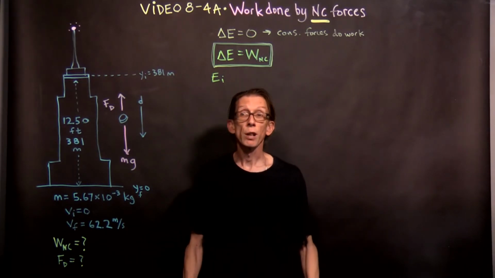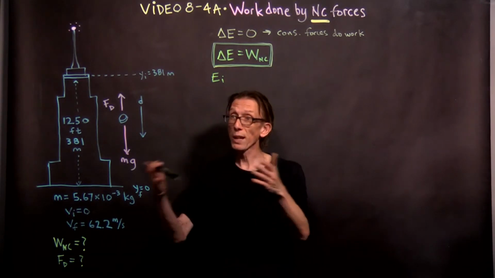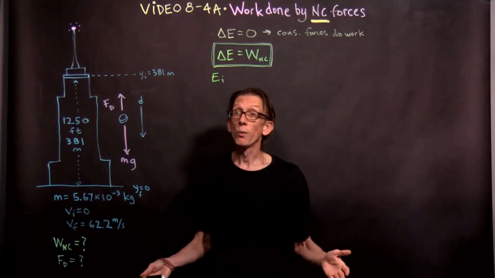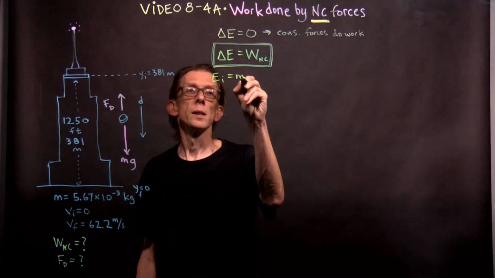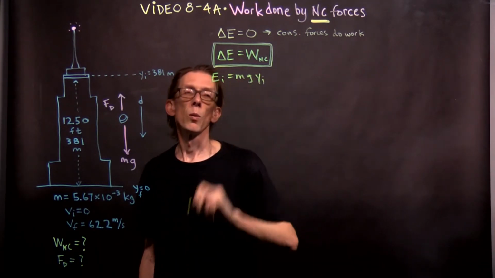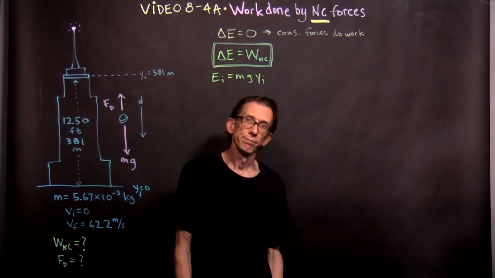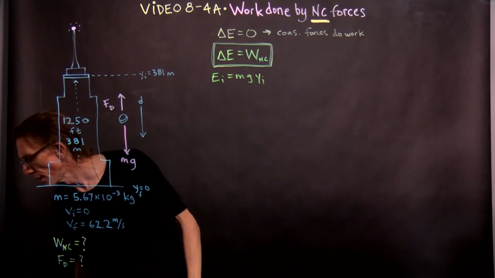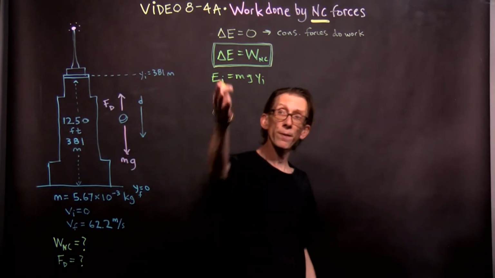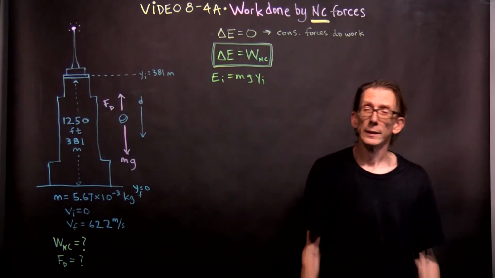It's not moving, being dropped from rest. There's no springs here. So this is all gravitational potential energy. So E_i is mg y_i. We could put our numbers in, but you could find a value for the energy.